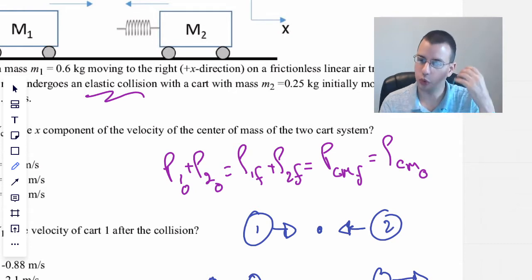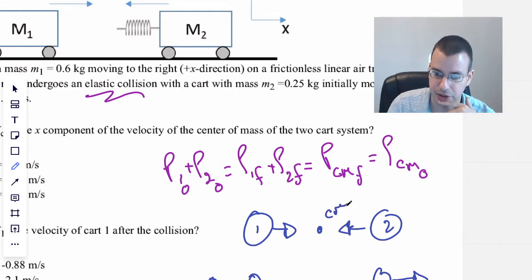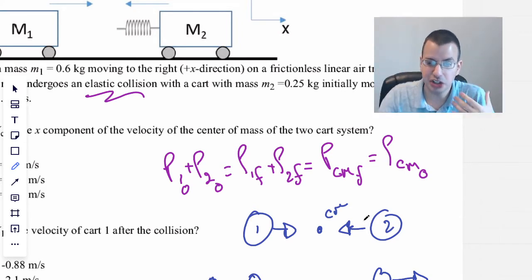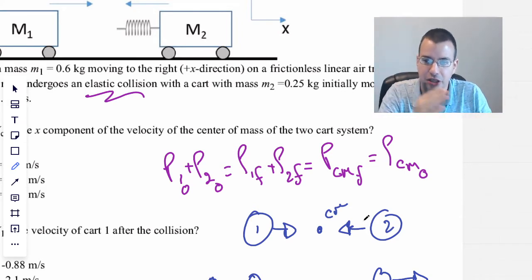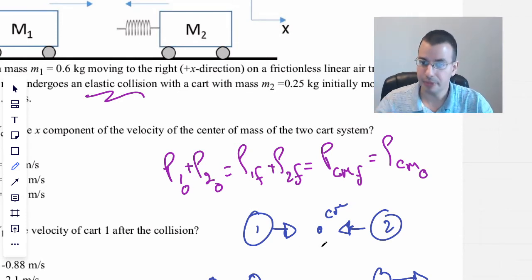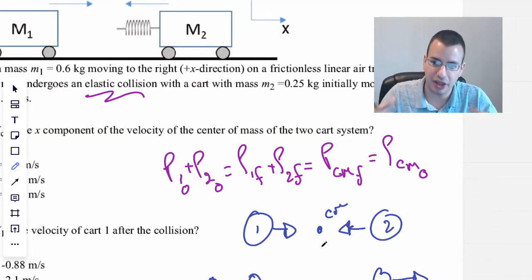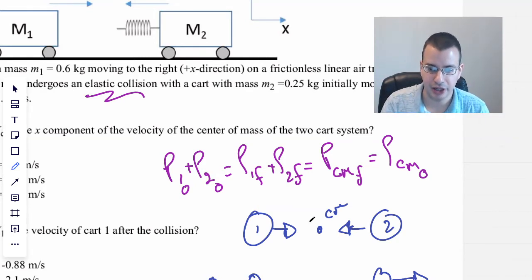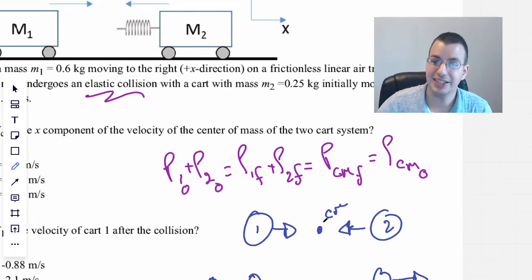And it would feel reasonable that the center of mass would be in the middle, and it would stay in the middle, and it wouldn't be moving because it's symmetrical on both sides. There's no way you could justify that the center of mass would be moving to the left or the right because these are both a mirror image of each other. When you can't justify it on one side or the other, it feels intuitively correct that it'd be in the middle and just stay there.